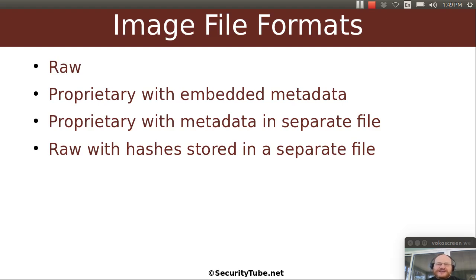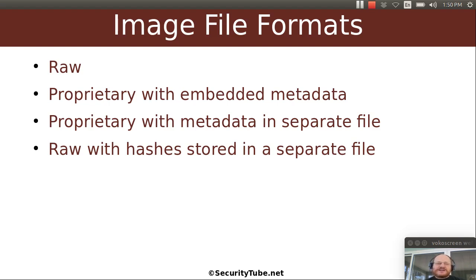Now, a little bit about hashes. You should always be hashing these images. We always make an overall hash of the image. It's good to hash the subchunks of your image as well. Why would you want to do that? Well, there are a couple of reasons. If you have media that is potentially damaged, if one bit gets flipped on that entire 3 terabyte drive, the hash will come up different.